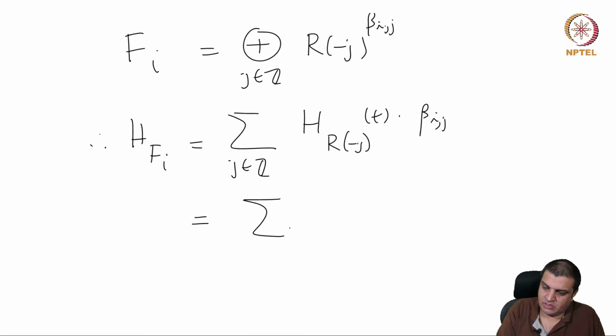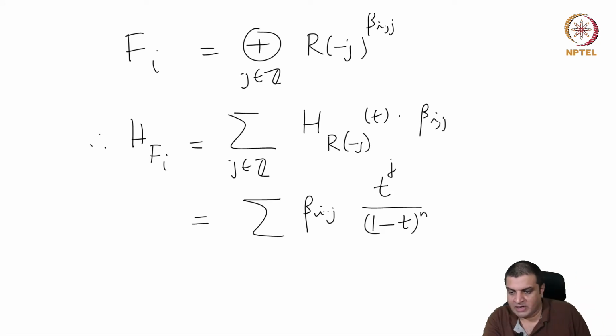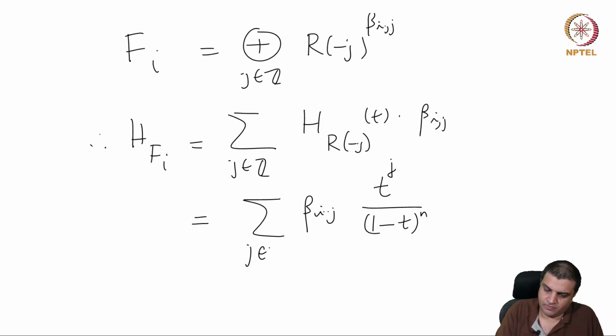Let me rewrite it like this: beta_ij times t to the j, because the generator is in degree j and the rest looks like the polynomial ring, divided by (1 minus t) to the n. Remember, for the polynomial ring in n variables, the Hilbert series looks like 1 over (1 minus t) to the n. So we write j in Z, but only finitely many will show up.